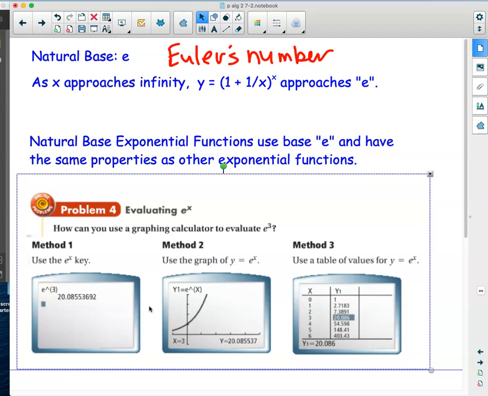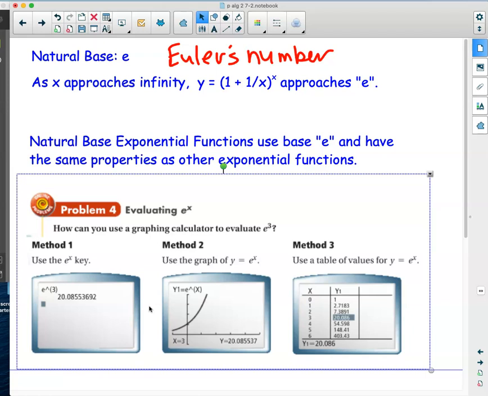Now, that was not how this was made. This was made by Leonard Euler, who really was trying to figure out, how do I become a loan shark? And he figured out, hey, I'm charging people every year right now, and I'm not making a whole lot of money. How about if I charged them every month? So he tried that out for a while, and he's like, no, not enough money.